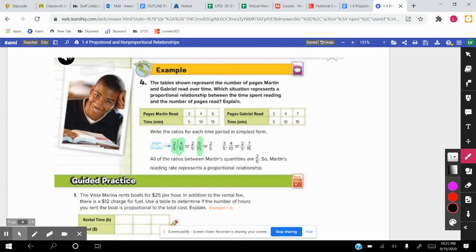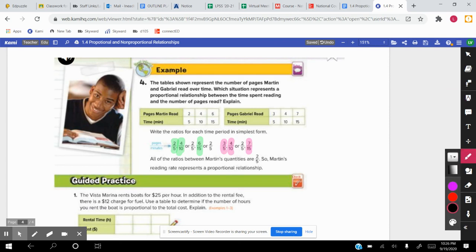Then if we take a look at Gabriel's, his is 3/5, 4/10, and 7/15. So 4/10 can reduce down to 2/5.